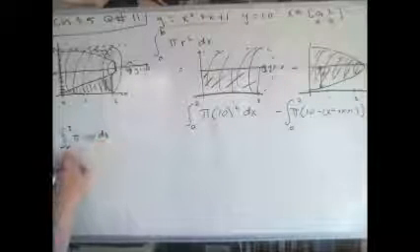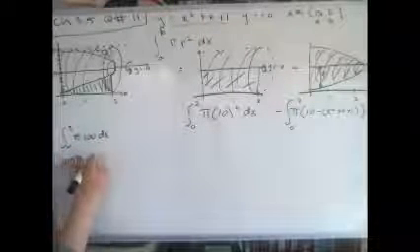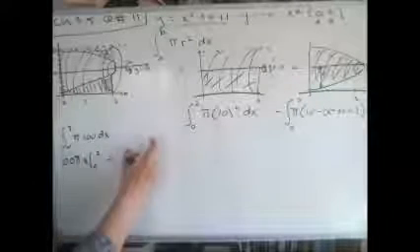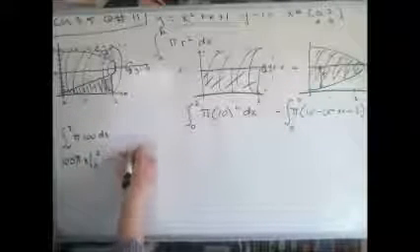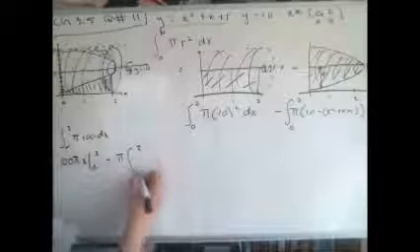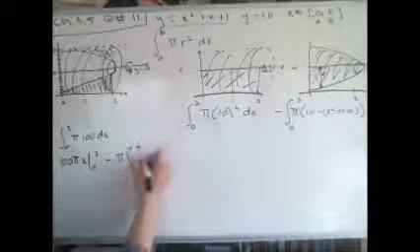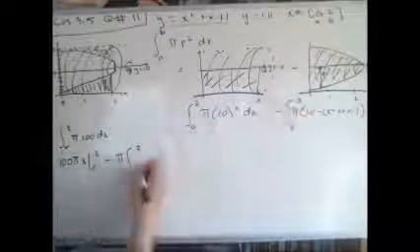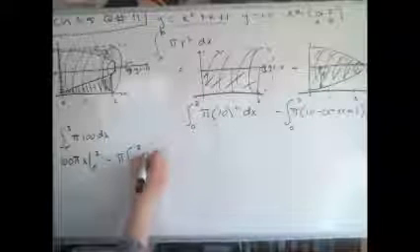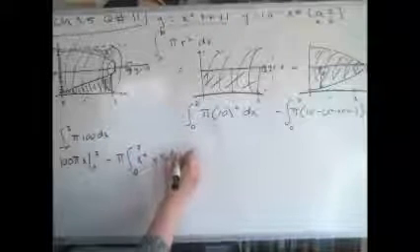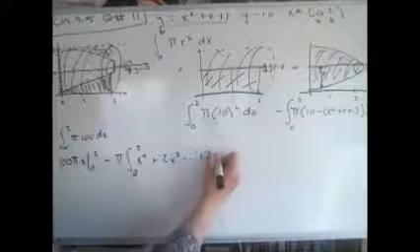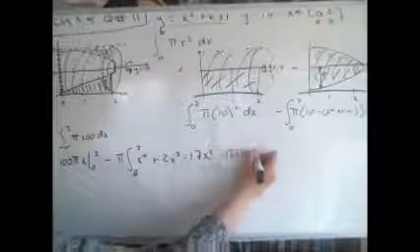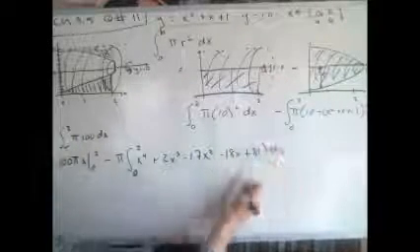This is equal to just 100 pi times x from 0 to 2, minus, I'll bring out the pi, 0 to 2, and then the algebra after I subtract everything out and multiply it out, I'm going to get x to the 4th plus 2x cubed minus 17x squared minus 18x plus 81 dx.